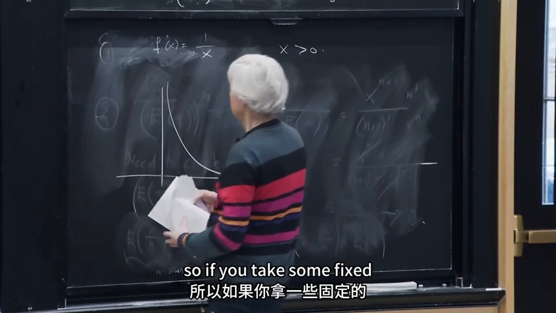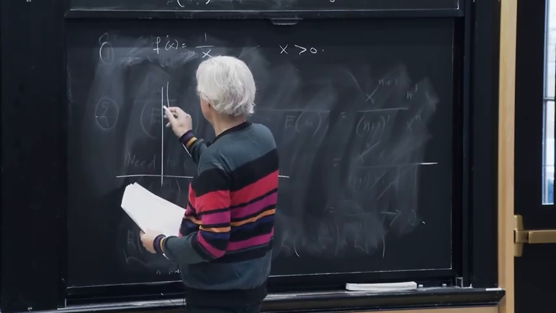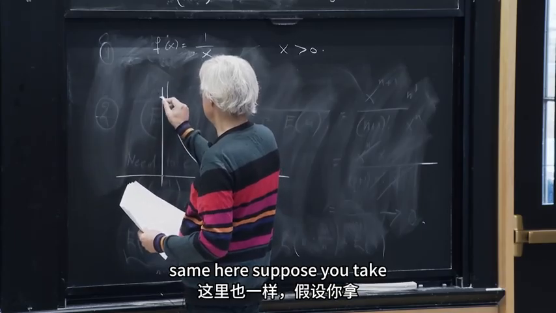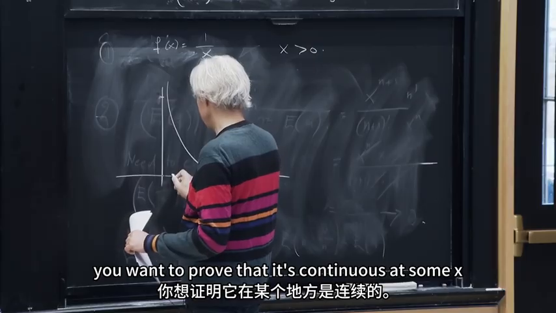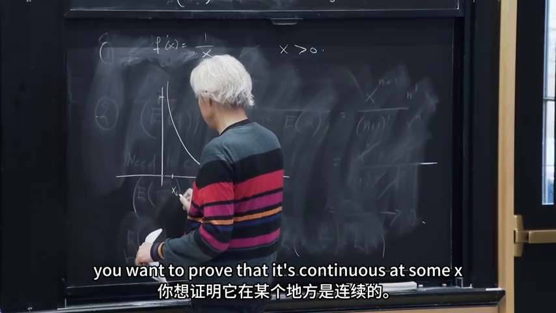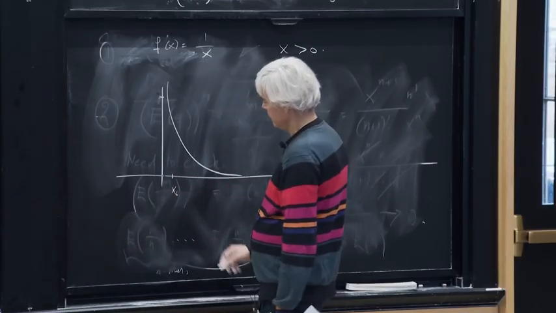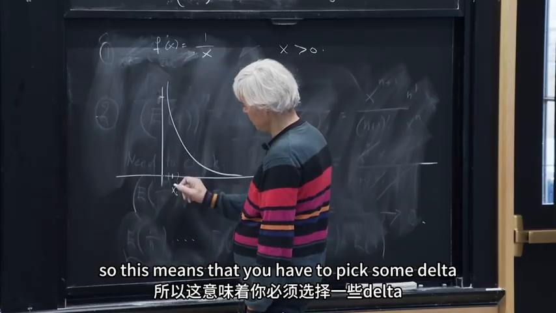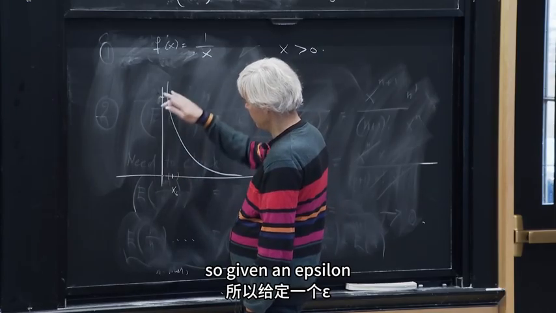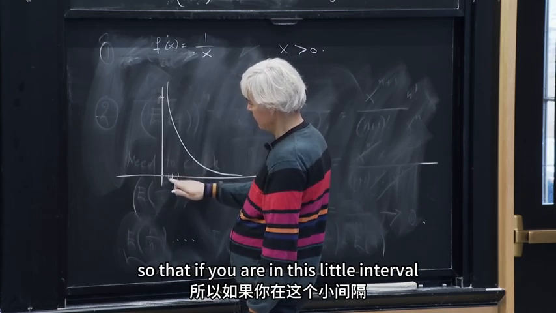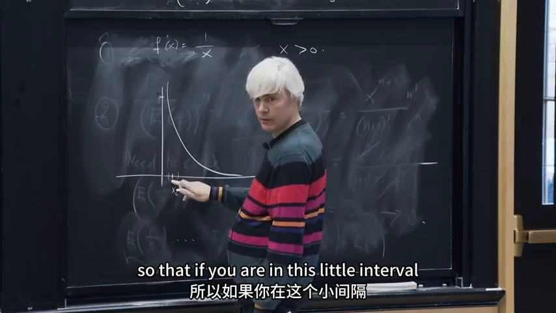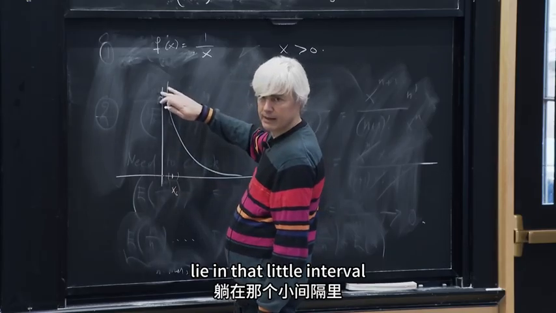Suppose you want to prove that it's continuous at some x0. Given an epsilon, you have to pick a delta so that if you are in this little interval, then the image lies in that little interval.